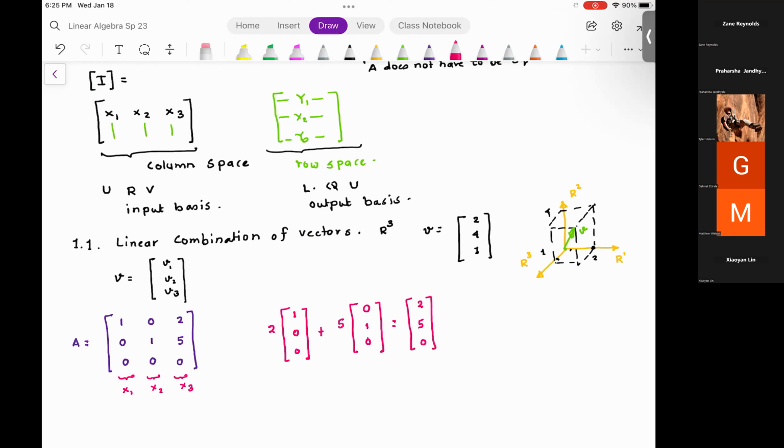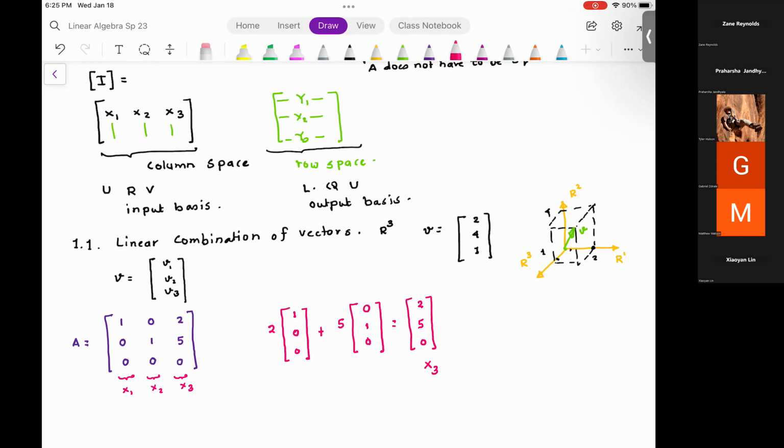What that means is x3 can be represented as 2 times x1 plus 5 times x2.